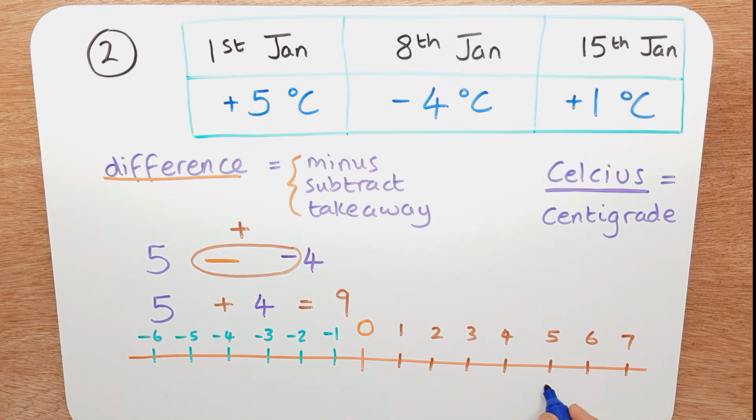So the difference between 5 and the -4 is this here. And if you count the number of jumps you have to make, it will be 1, 2, 3, 4, 5, 6, 7, 8, 9.